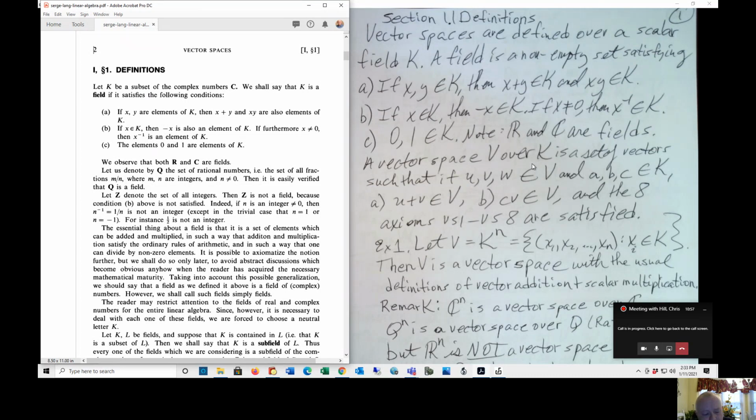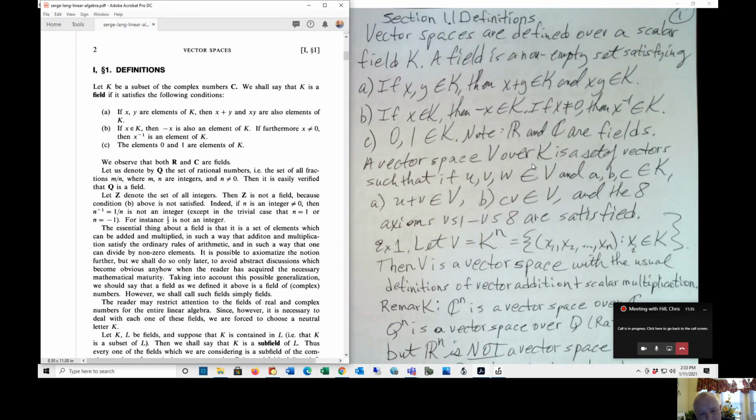All of us, of course, know all about the real numbers and the complex numbers, but it says let K be a subset of the complex numbers, C. Now, this set K doesn't necessarily have to be the complex numbers. It could be a more abstract set, but in the context of linear algebra, it's either going to be the real numbers or the complex numbers.